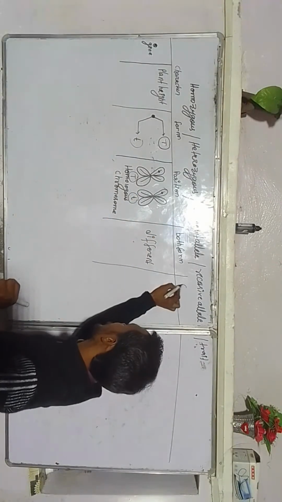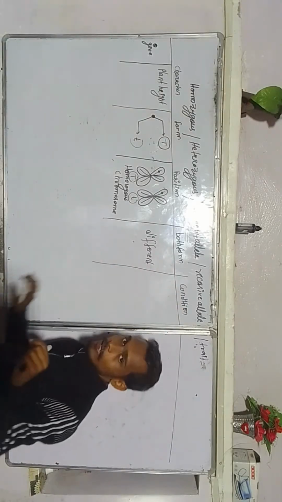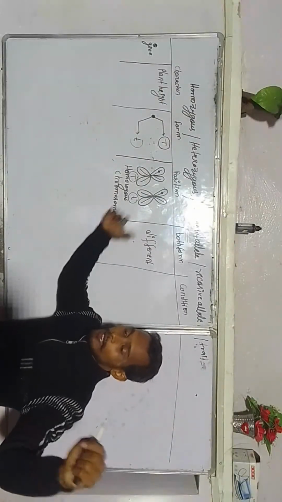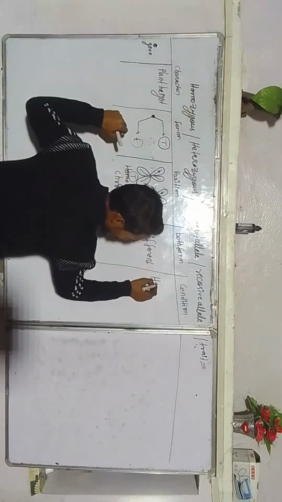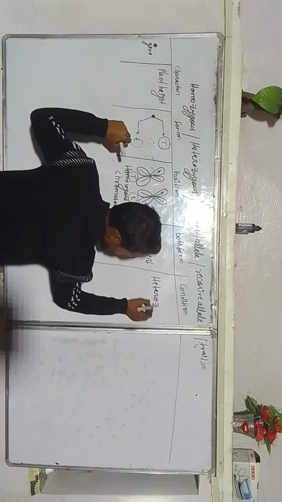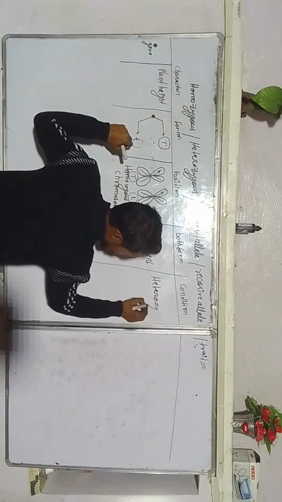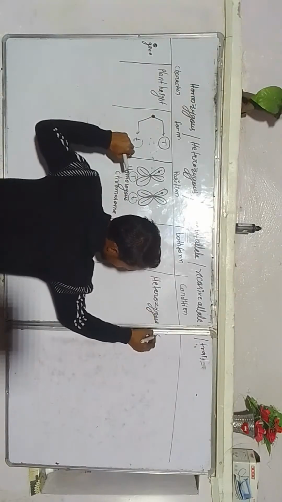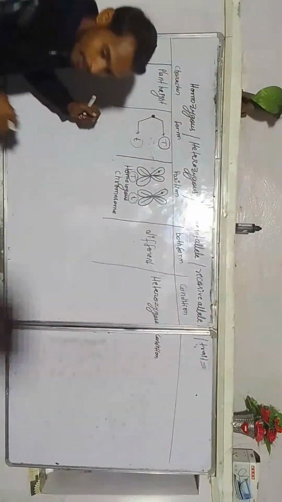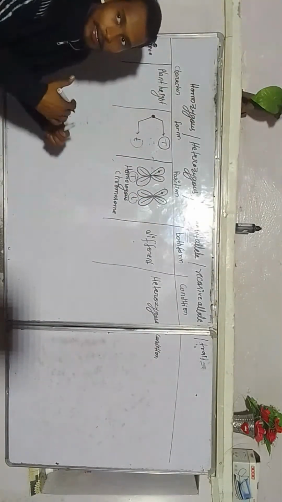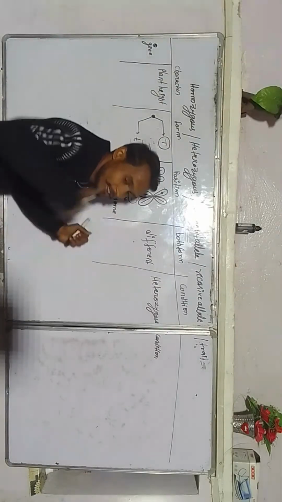A condition arises that is called hetero, that means different, heterozygous. This condition is called heterozygous condition. When both alleles are different, the condition that arises is called heterozygous condition.